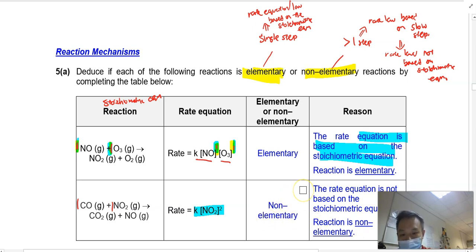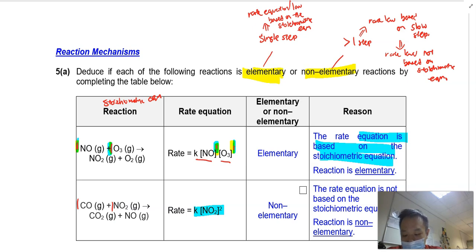It's important to identify whether it's elementary or non-elementary, because if it's elementary, the stoichiometric equation is the reaction mechanism. If it's non-elementary, you need to work based on the rate equation. This triggers your prior knowledge of elementary versus non-elementary.